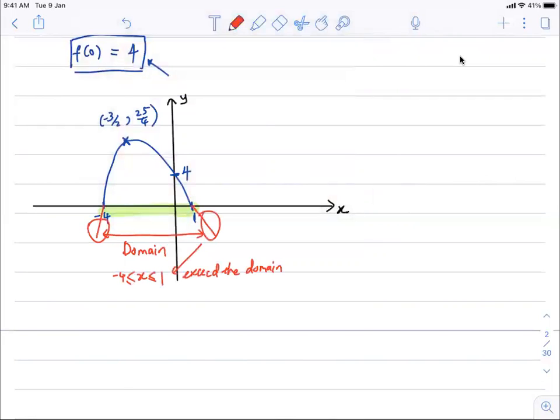If I were to draw the graph exceeding the domain, I may be marked down by the teacher because I did not read the instruction properly. So we must be extra careful to ensure that the graph lies within the domain. So rub this off.